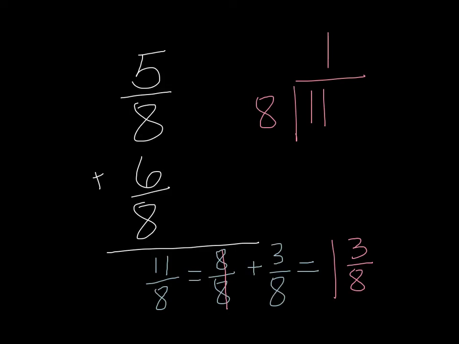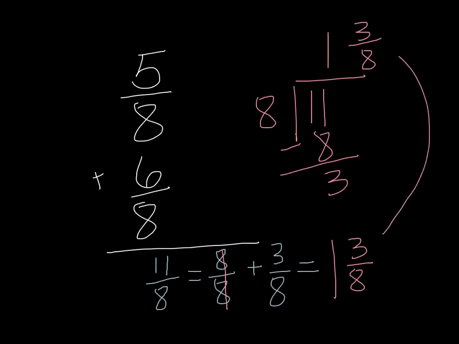Well, there's 1 8 in 11, and if we take that out, we have 3 out of 8 left over. So we end up with the same answer no matter which way we look at it.